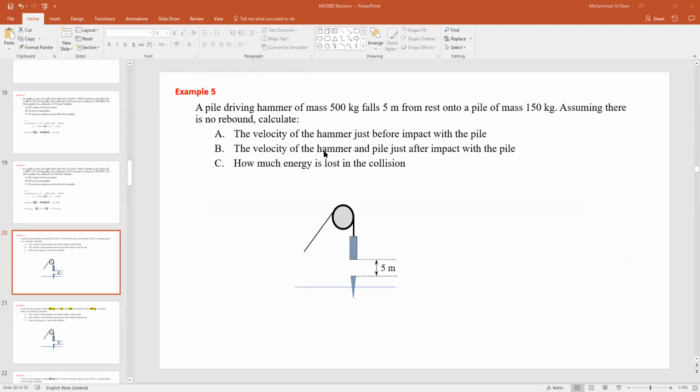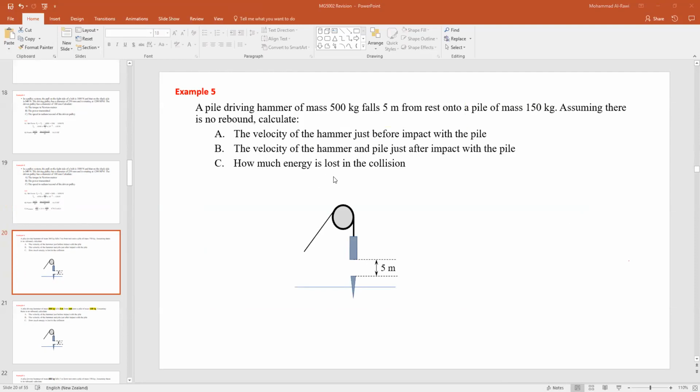A pile-driven hammer of mass 5 kg falls 5 meters from rest onto a pile of mass 150 kg, assuming there is no rebound. Calculate the velocity of the hammer just before impact with the pile, the velocity of the hammer and pile just after impact with the pile.